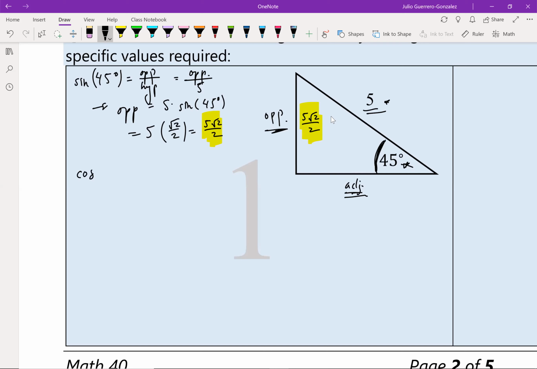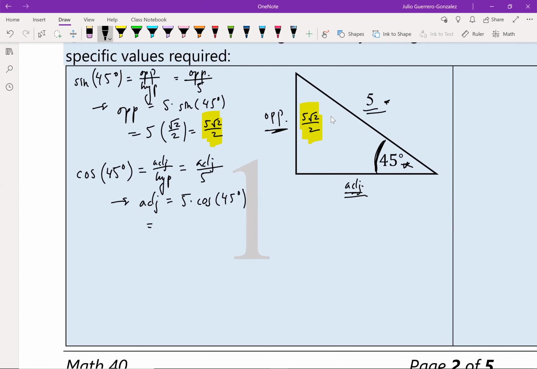So cosine of 45 degrees is equal to adjacent over hypotenuse, which is adjacent over 5. Same thing as before. Adjacent is equal to 5 times cosine of 45 degrees.